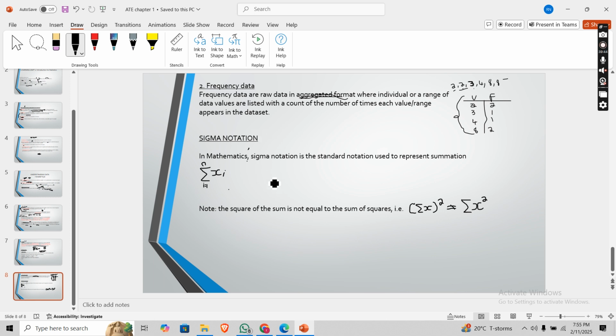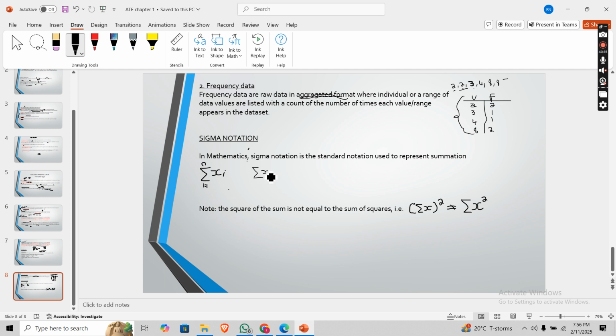Also we have the sigma notation. As I said, you encounter the sigma notation in chapter number 4 when we talk about Pearson's product moment correlation coefficient, but you have to know what it means right now. It's a sign that represents summation.